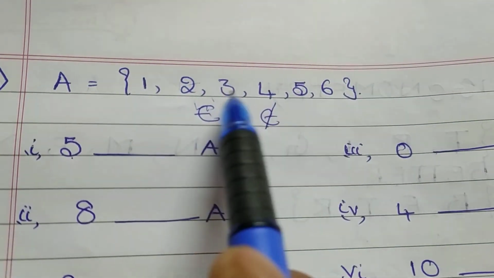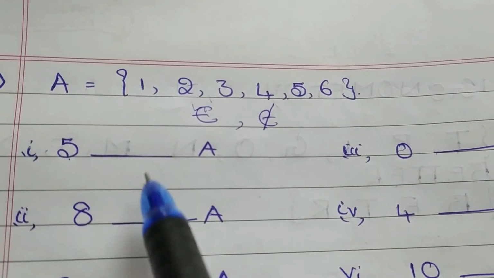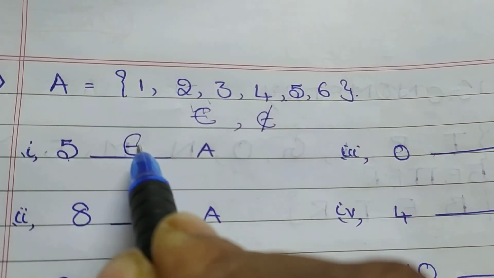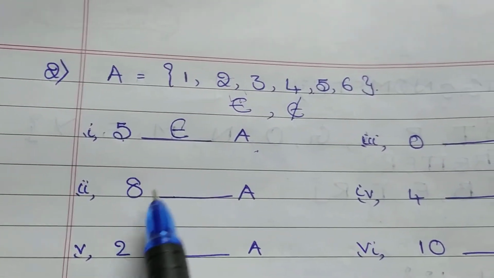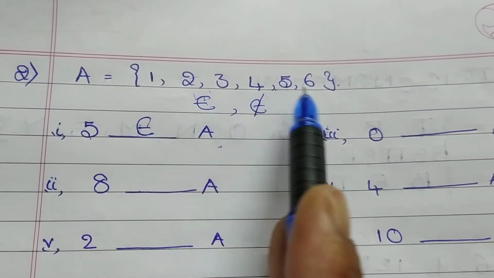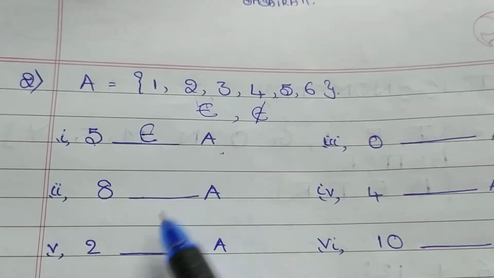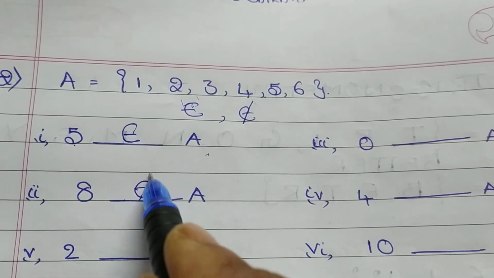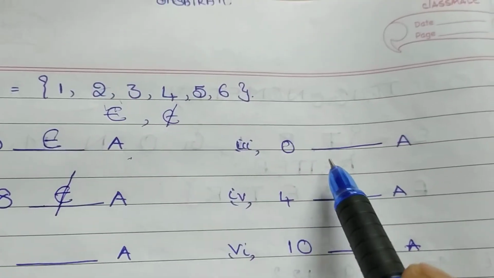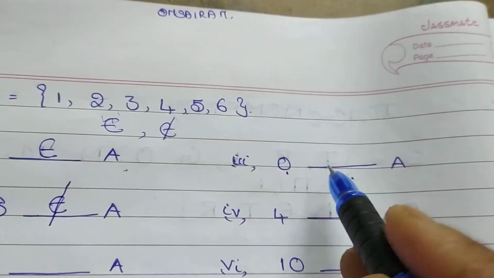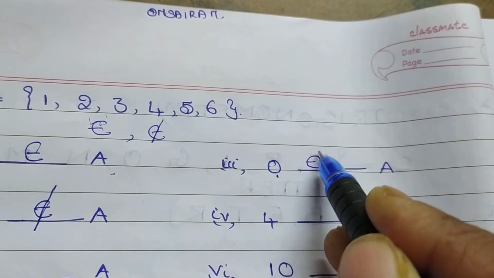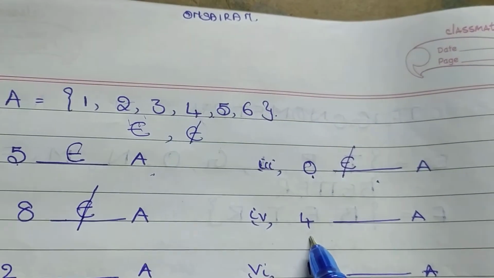So we have to make use of the belongs to or does not belong to sign. 5, if you see, 5 is an element of set A. So what will we write? 5 belongs to A. Next one is 8. Does 8 belong to the set or not? 8 is not an element of A. So 8 does not belong to A. Similarly, 0: 0 is not an element in A. So it does not belong to the set A. Is 4 an element of A?